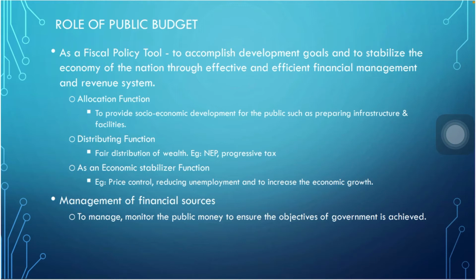Kita kata tax progression. Tax progression ni maksudnya kalau orang yang bergaji tinggi perlulah bayar tax lagi tinggi. So setiap level of the taxpayer tu dia ada equal tax rate.